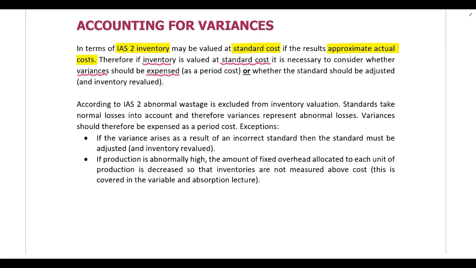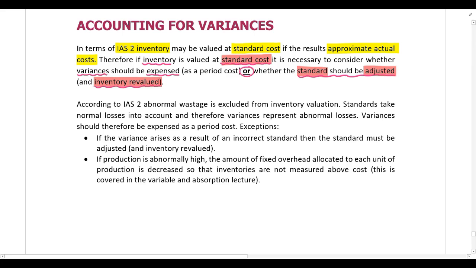And if it's a favorable variance, it will increase profit. If it's an unfavorable variance, it will decrease profit. Or, instead of taking it to profit and loss, are we going to adjust the standard? So in other words, are we going to revalue inventory?